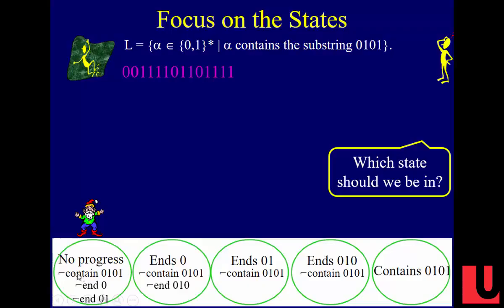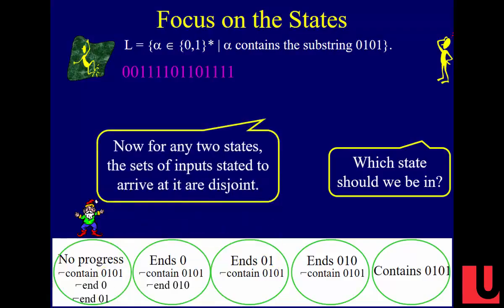Well, it means that it doesn't contain 010, it doesn't end in a 0, and it doesn't end in a 01. All strings of that form. We call it no progress because we haven't made any progress. Everybody follow these states? Now you can play with it and convince yourself that any two of these are disjoint.